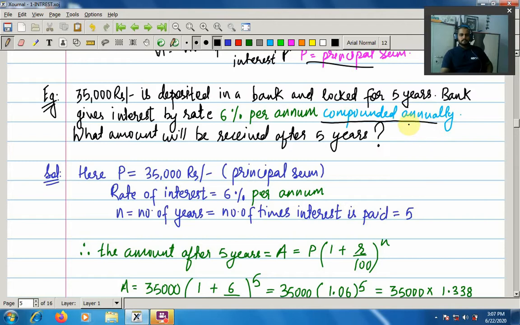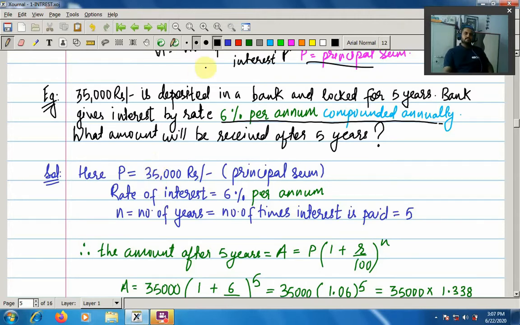Very good. So there is no need to change or calculate the number of times interest is paid. The bank is giving me 6% per annum compounded annually. What amount will I receive after 5 years?